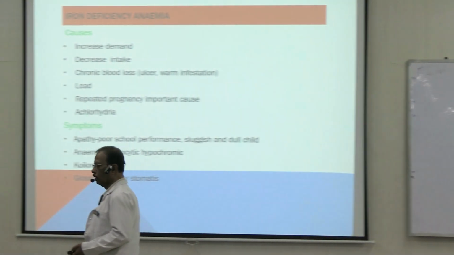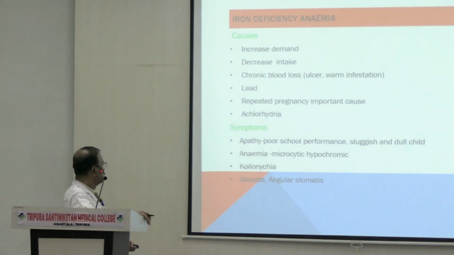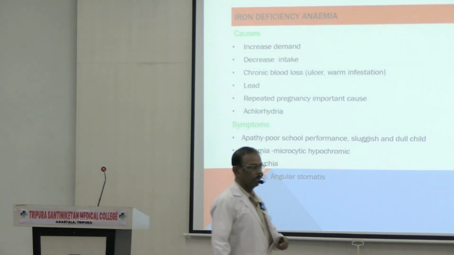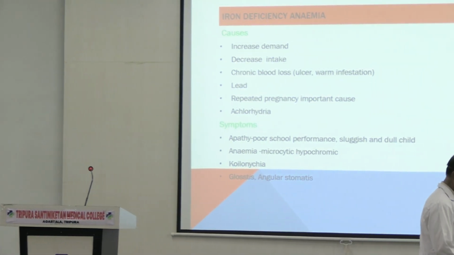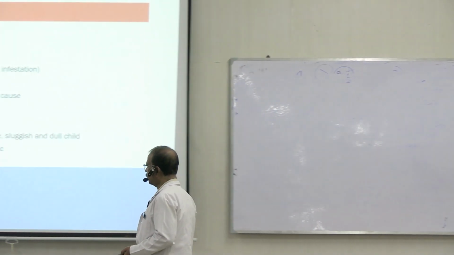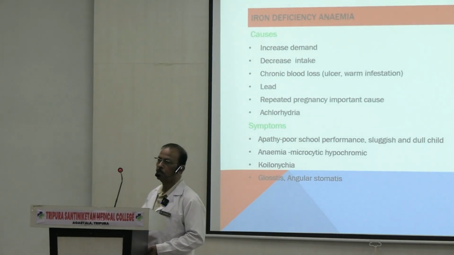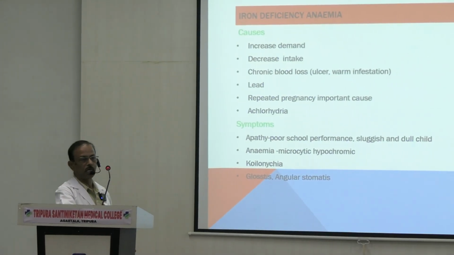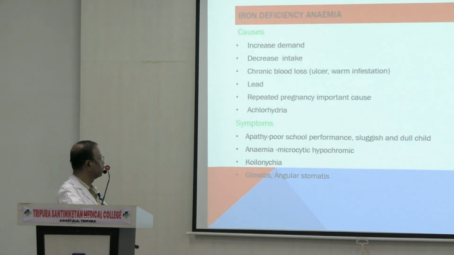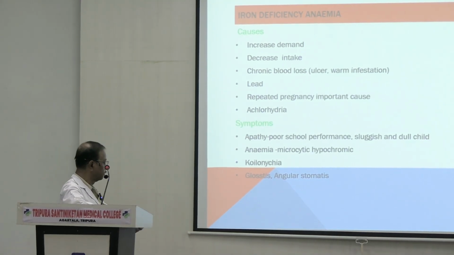So this is a sign of hypochromic anemia. There will be koilonychia, brittle nails, then glossitis, angular stomatitis, because iron deficiency in the village area is usually associated with vitamin deficiency also. So there will be glossitis and angular stomatitis.